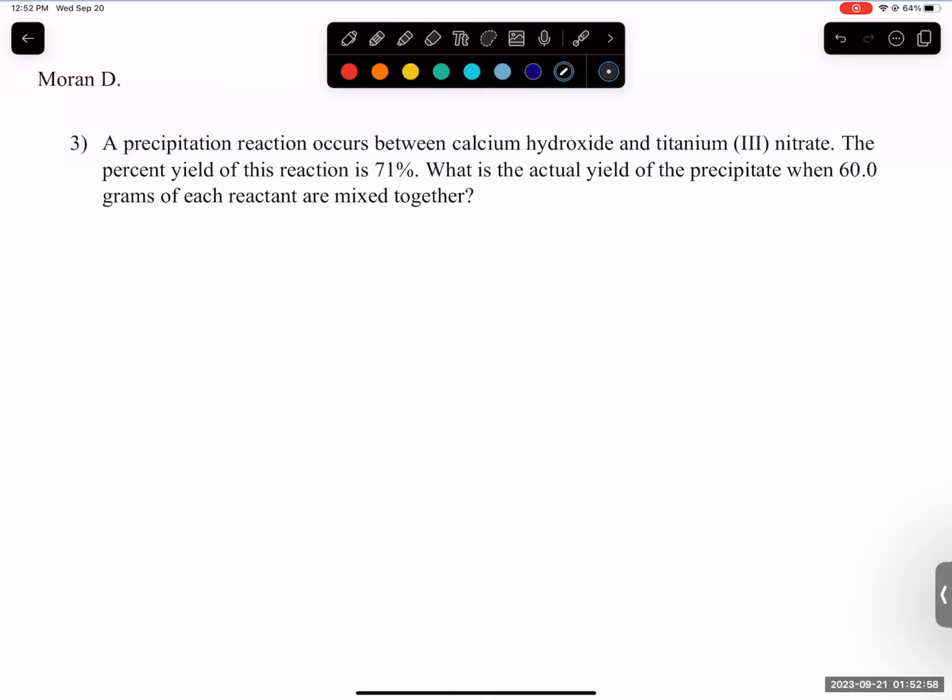But if you make it 0.71, then you have to. Actual, it's asking what's the answer.